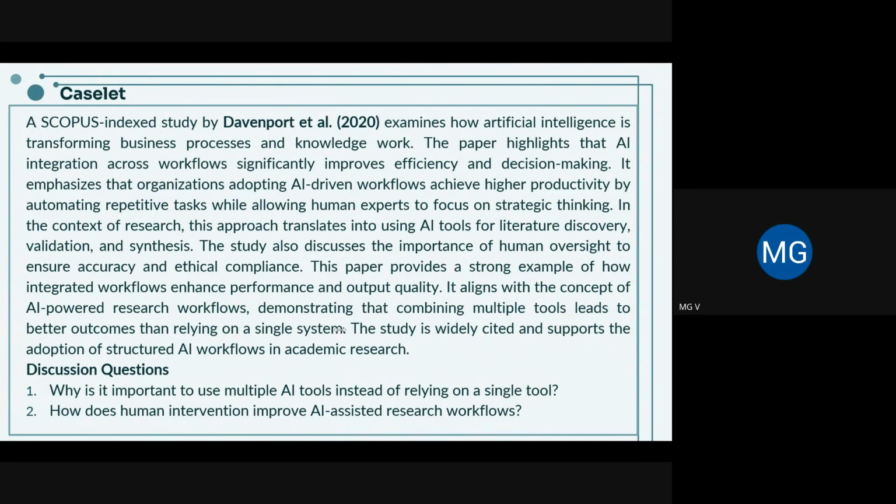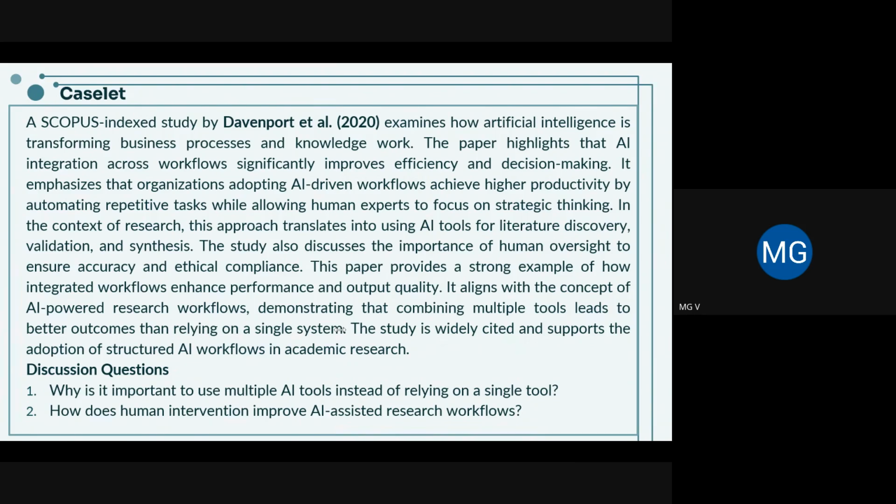In the context of research, this approach translates into using AI tools for literature discovery, validation, and synthesis. The study also discusses the importance of human oversight to ensure accuracy and ethical compliance. This paper provides a strong example of how integrated workflows enhance performance and output quality.